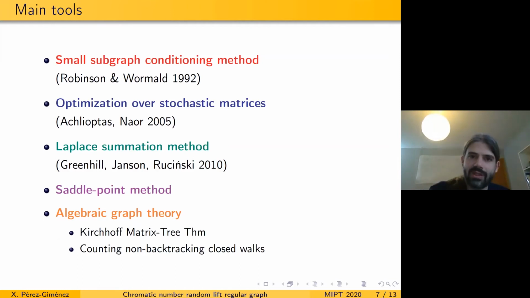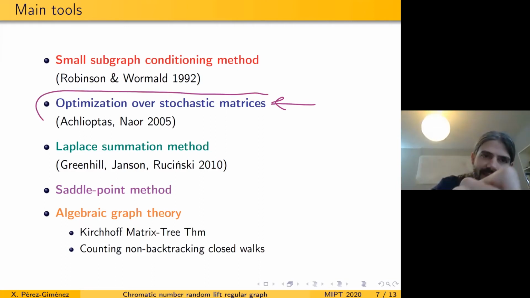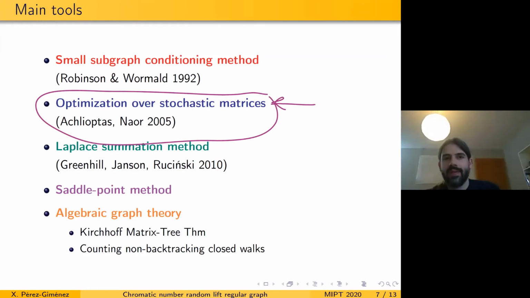So all I wanted to say is that all of these things are technical, but the one that sometimes fails and then you have to give up is this one. Because when this fails, that means that our method does not work. And that's what happens. In fact, if you try to take the random lift of K5, our method doesn't work because some functions that you're trying to maximize do not maximize at the place that you want.